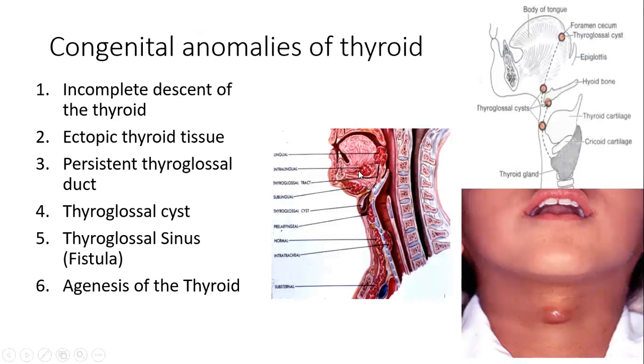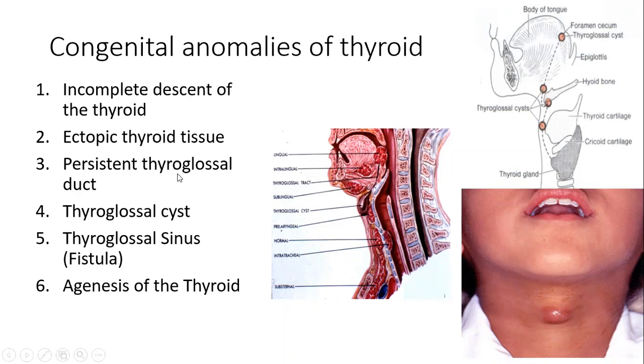Sometimes it is intralingual, within the tongue, or somewhere else. So that is ectopic. If it is in the normal path and has not completely descended, then it is called incomplete descent, as you can see here in different positions. And if it is present in some other areas, then it is called ectopic thyroid tissue.